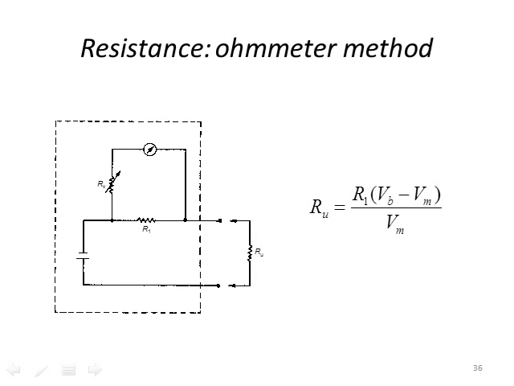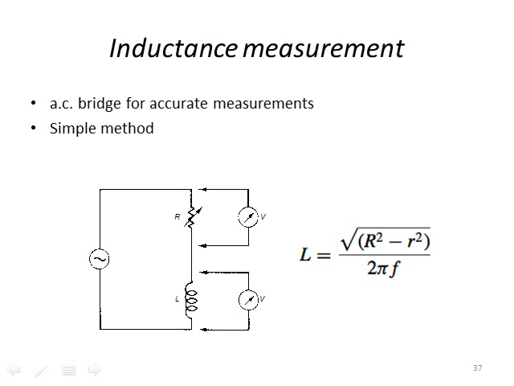And VM is what you measure across your RU, and VB is the voltage that's applied with the source inside the dotted rectangle.